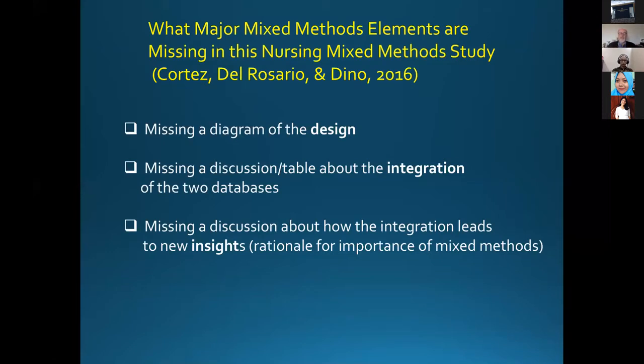They have very little that they say about the additional insight that mixed methods gives them. They just simply say, well, it was important to gather qualitative data with the quantitative. So this study is a good mixed methods study. It's missing some parts that I would recommend if they came into my office and asked the question, how do I conduct a mixed methods study?